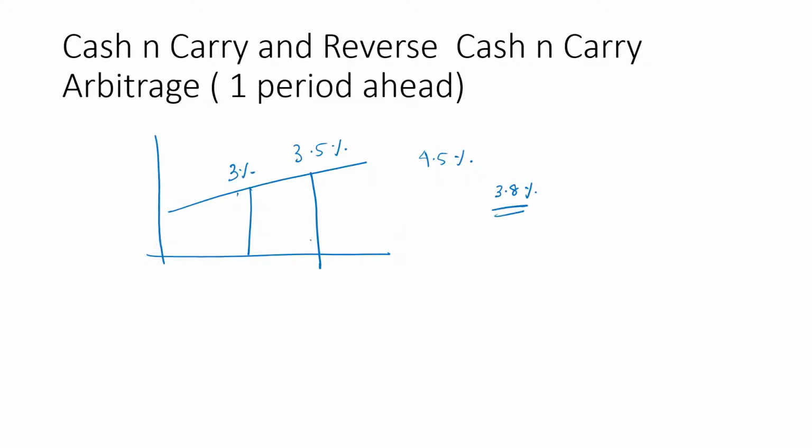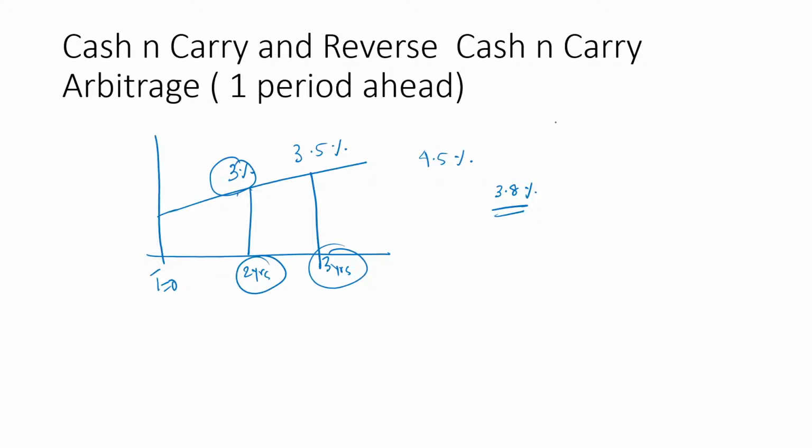In this case, an investor could borrow at the rate at time t equal to 0. He can borrow at the rate of 3% for 2 years and invest in a security for 3 years. Now, you might ask how the math works out.